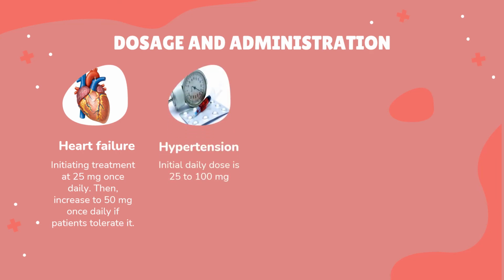In treatment of essential hypertension, the recommended initial daily dose is 25 to 100 mg of Aldactone, administered in either single or divided dosage. Dosage can be titrated at 2-week intervals. Doses greater than 100 mg per day generally do not provide additional reduction in blood pressure.